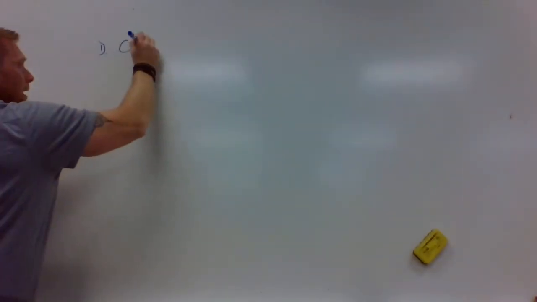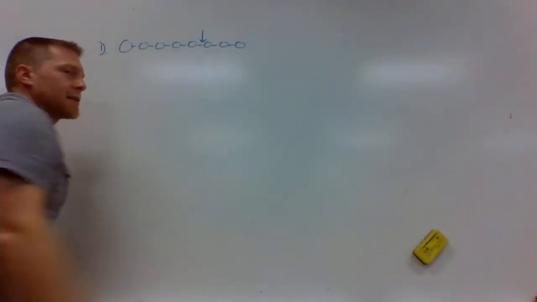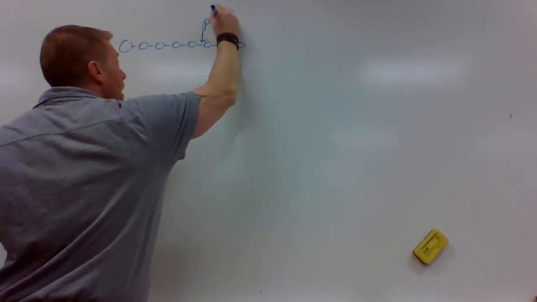Its primary structure is the linear sequence of amino acids, right? And remember, ultimately, that is what is going to make one protein different from another. Different proteins have different sequences of amino acids. That is fundamentally what makes them different. So our primary structure is just the linear sequence of amino acids peptide bonded together.